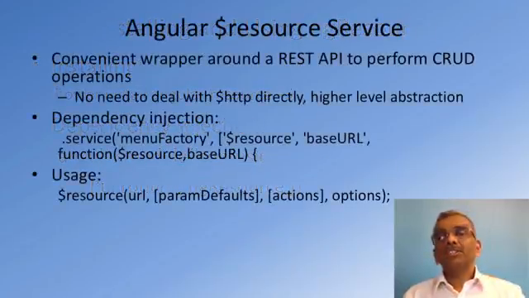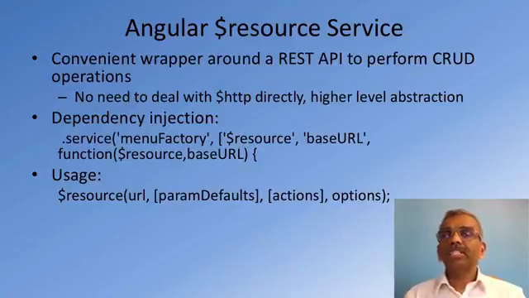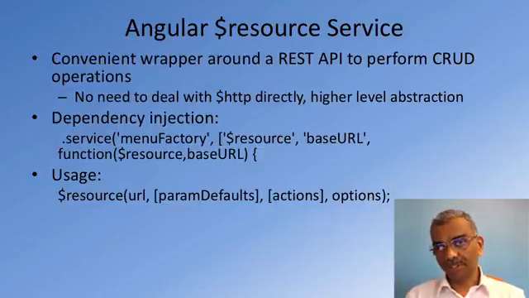The Angular resource service is a convenient wrapper around the REST API that a server supports, and it provides us access to all the CRUD operations. To make use of the resource service, you need to inject it into any controller or service where you're going to use it.